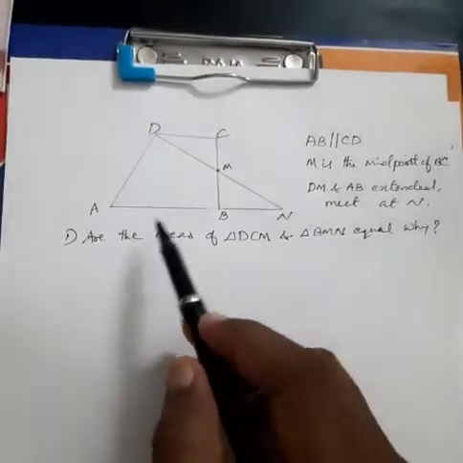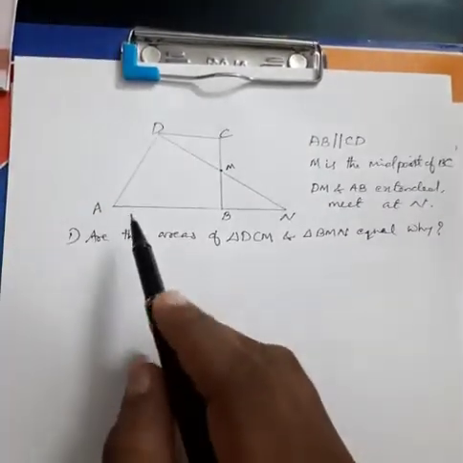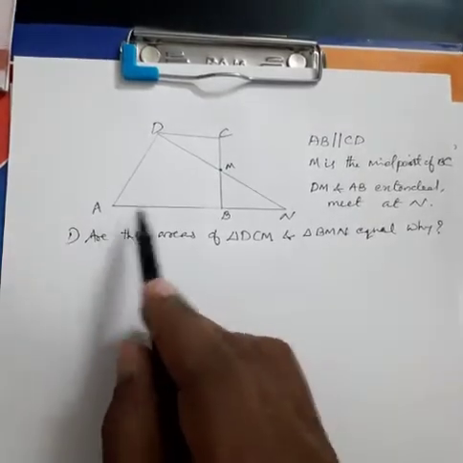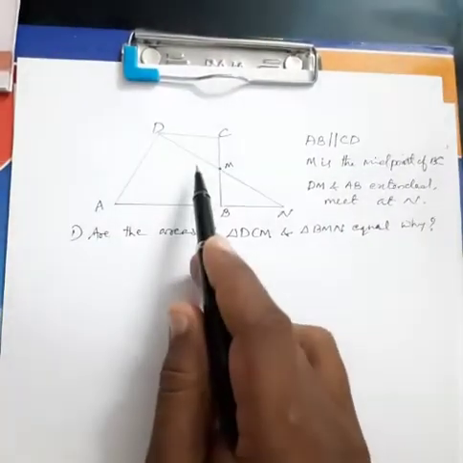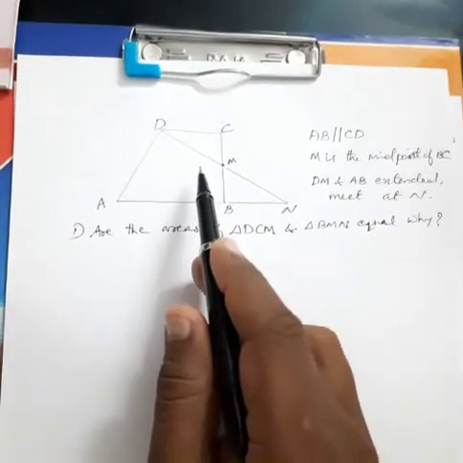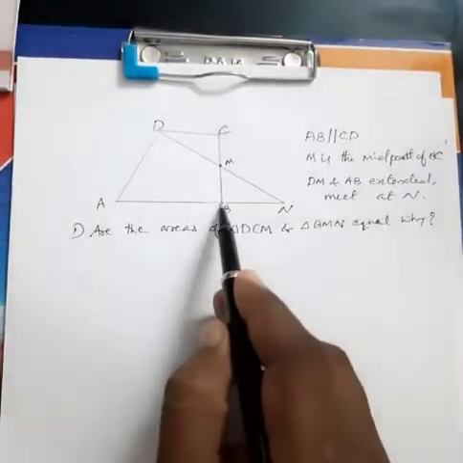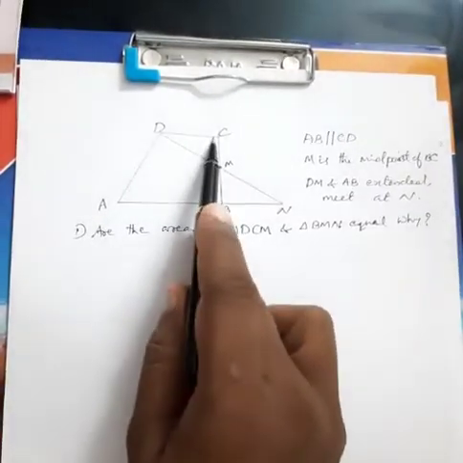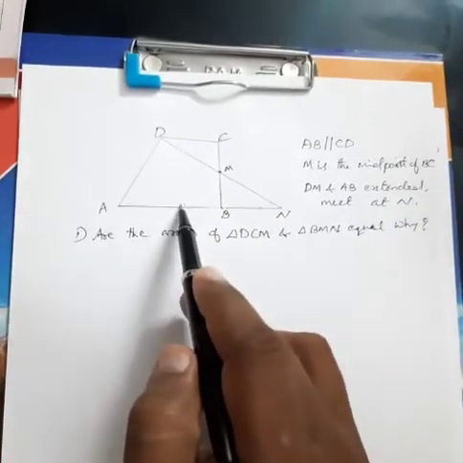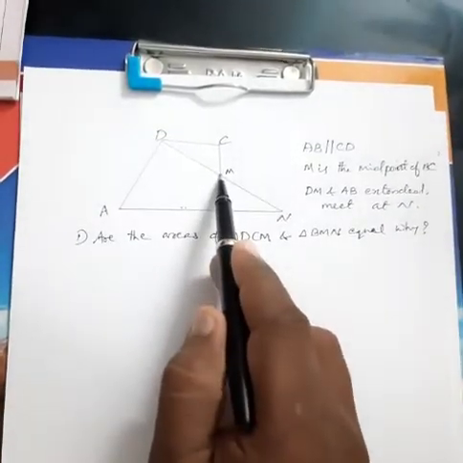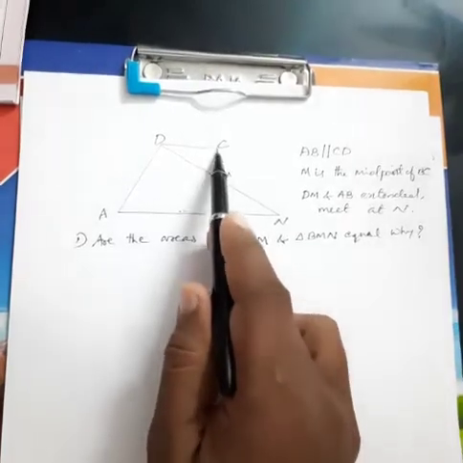See this question here. ABCD is a quadrilateral. The sides AB and CD are parallel, and M is the midpoint of BC.